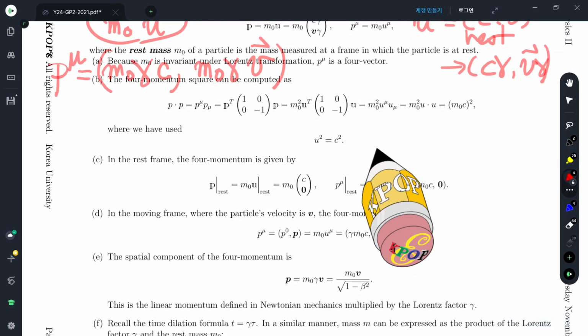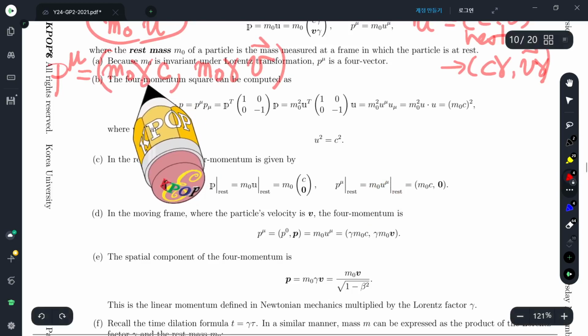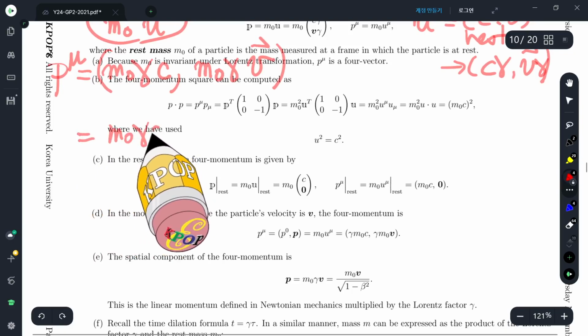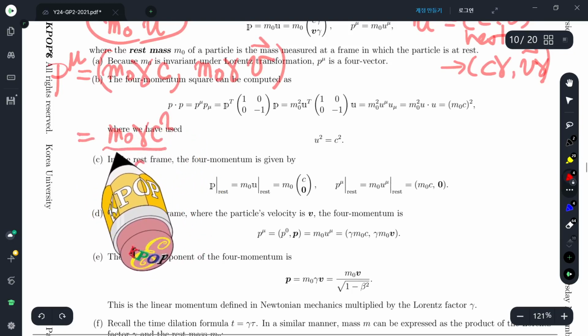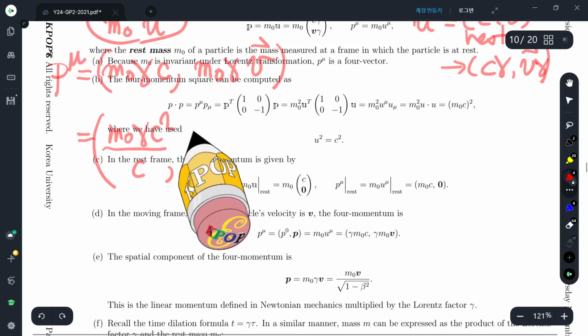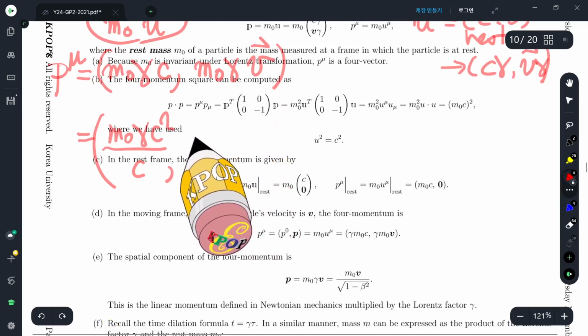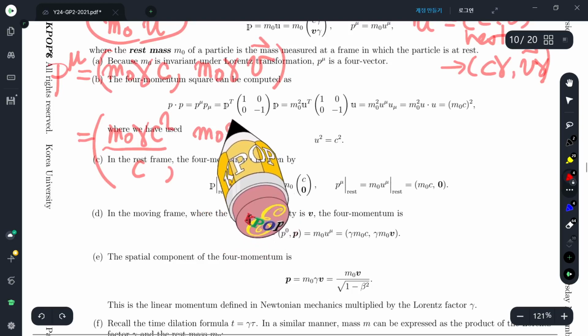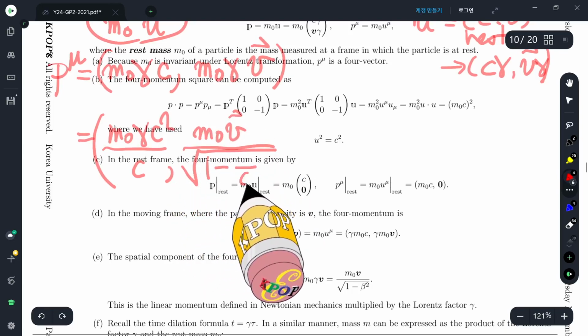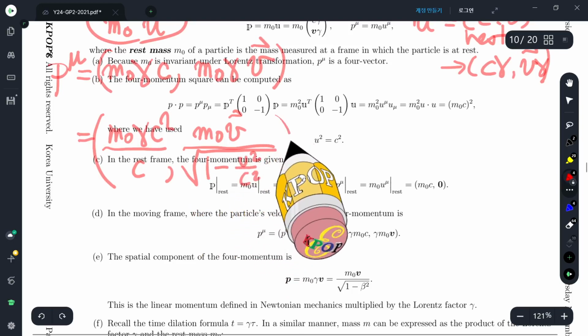The first component looks like m0 gamma c squared over c, and the spatial component is m0 v divided by the square root of 1 minus v squared over c squared.